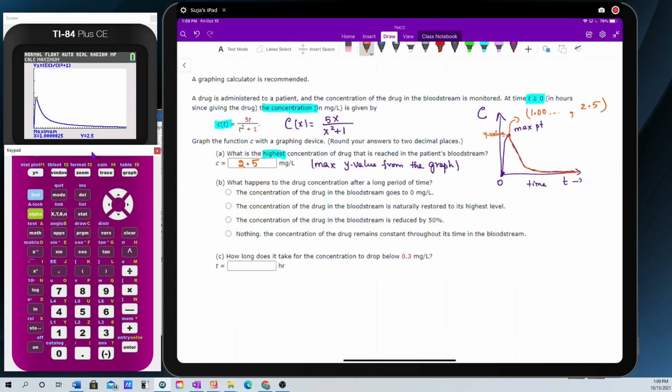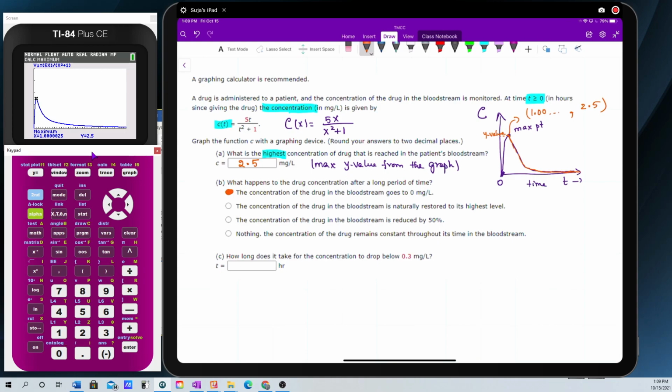As time goes by, there will be a point where there is no drug in the blood. So the answer for this would be A: the concentration of the drug in the bloodstream goes to 0 milligram per liter as time passes on.